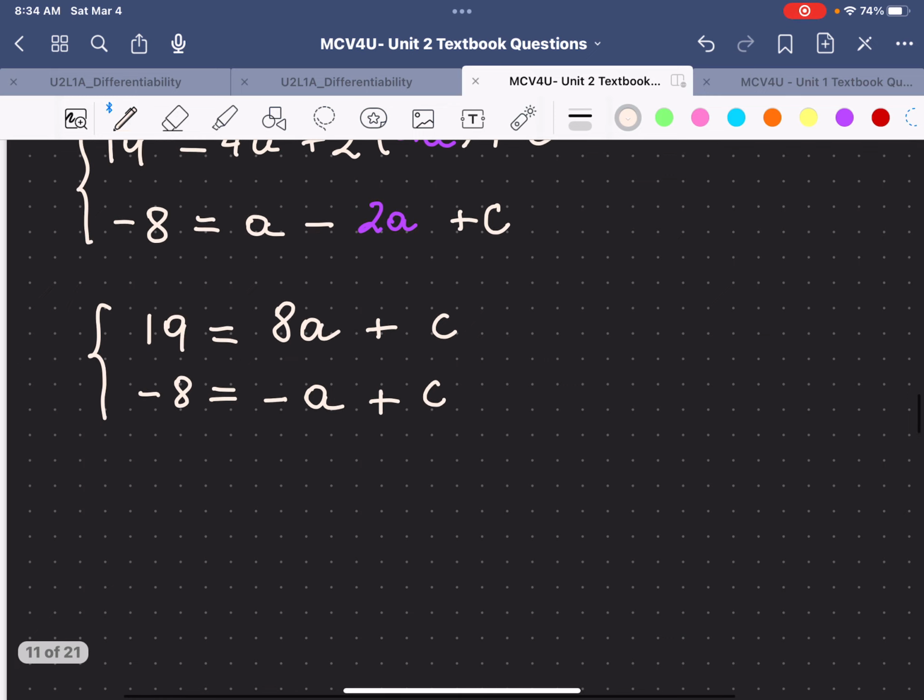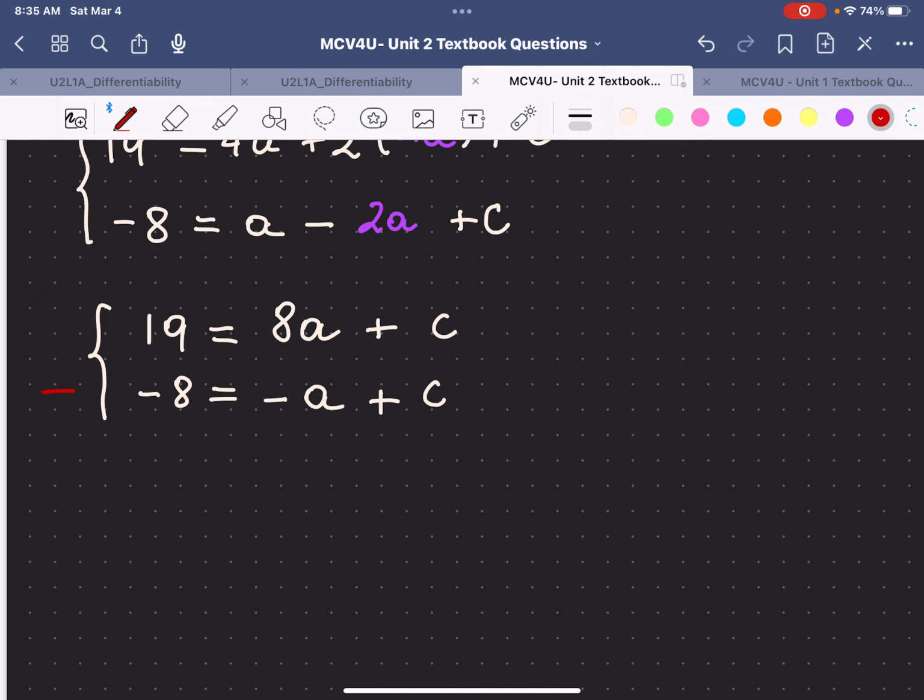I find elimination a more practical way of solving a linear system. And as you can see, we have the term c, which has the same coefficient. And you know that when we use elimination and we want to eliminate terms that have the exact same coefficient, same sign, then we subtract the equations from one another.